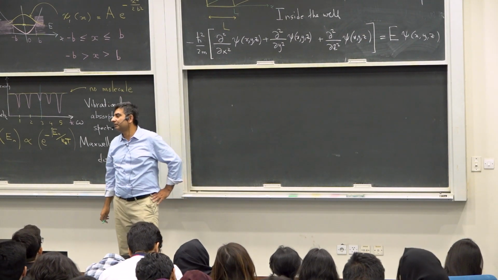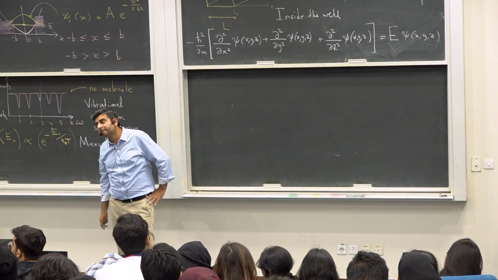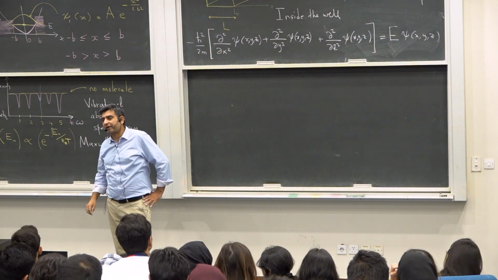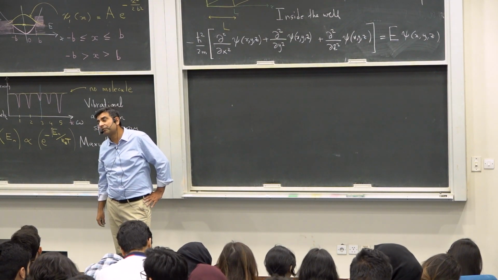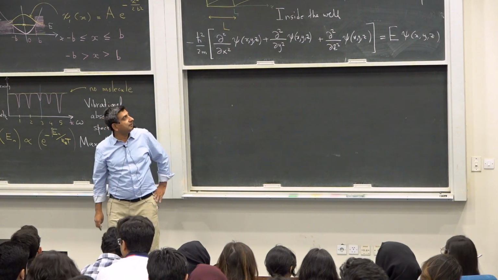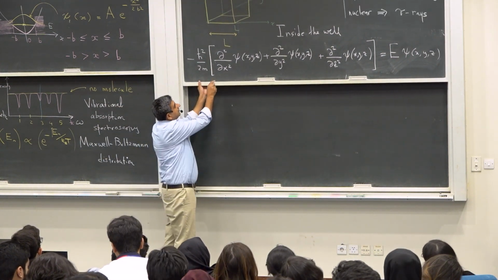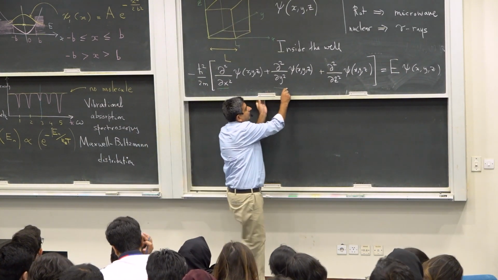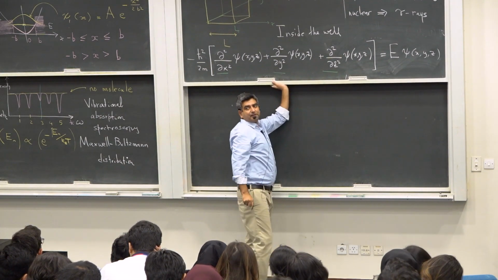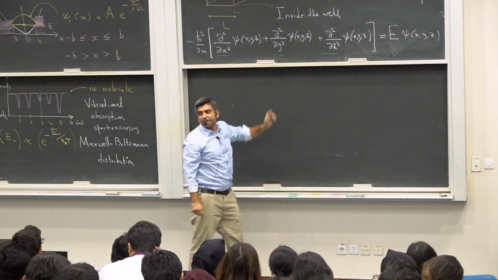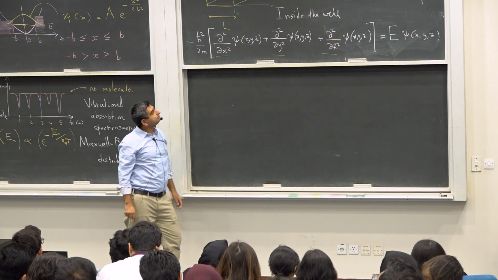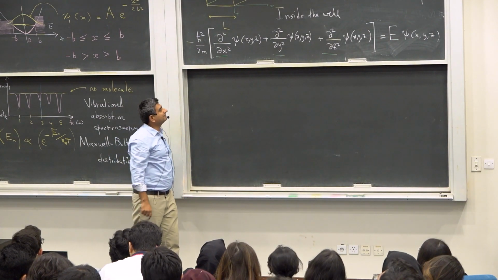How do we make it compact? Well, this double derivative is already an operator. I don't think so.